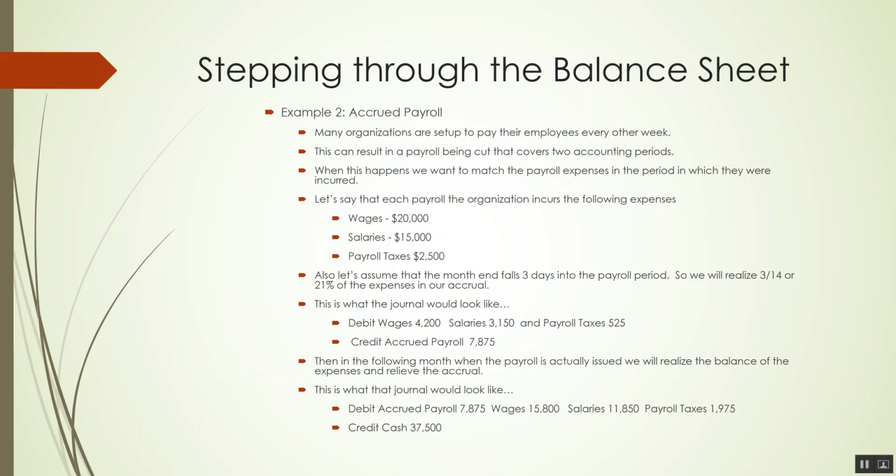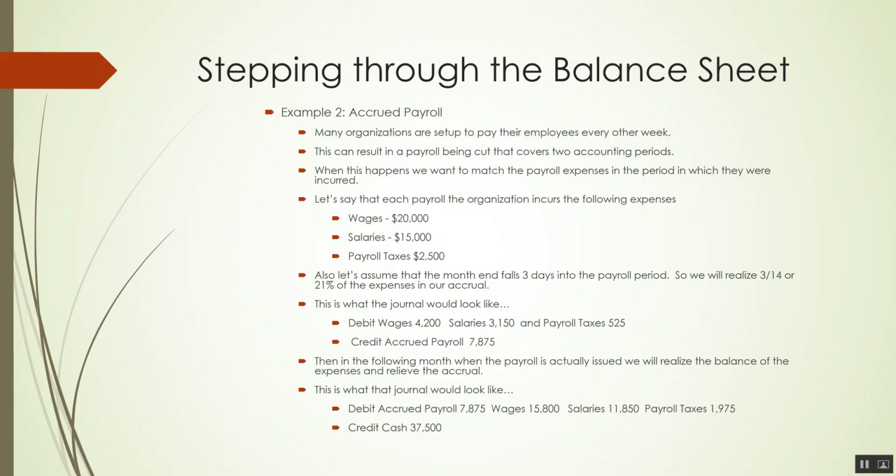All right. So then in the following month, when we actually issue the payroll to the employees, this is what the journal entry would look like. We would book a debit to clear out that accrual that was made to the accrued payroll account for the $7,875.